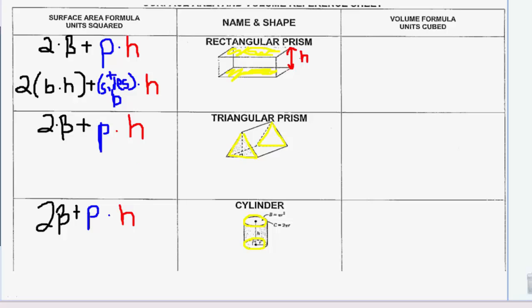Very similar for a triangular prism. We're going to take 2. But if our base is a triangle this time, if I want to find the area of this triangle, the formula looks a little different. Instead of just doing base times height, I'm going to do 1/2 base times height. Plus, okay, we're going to add the sides of this triangle.